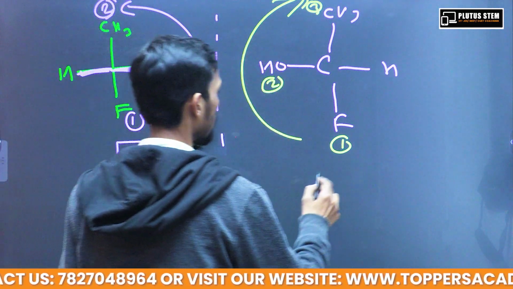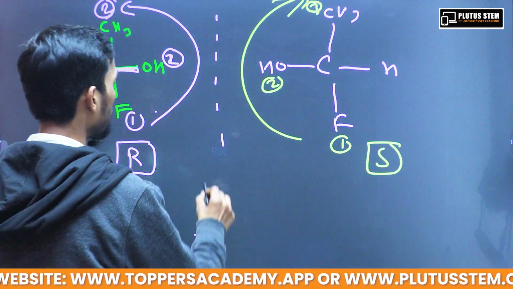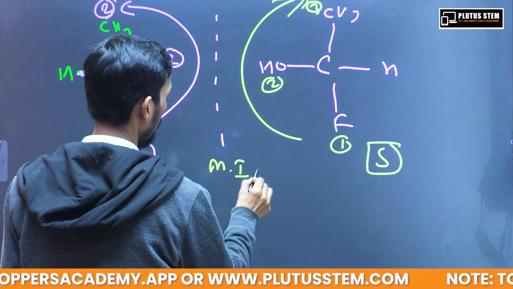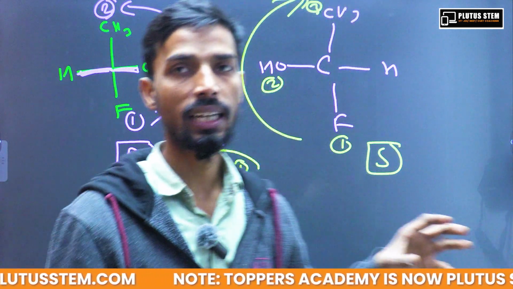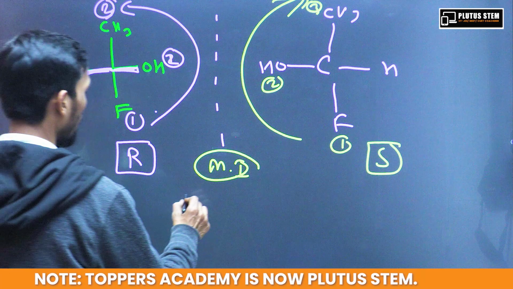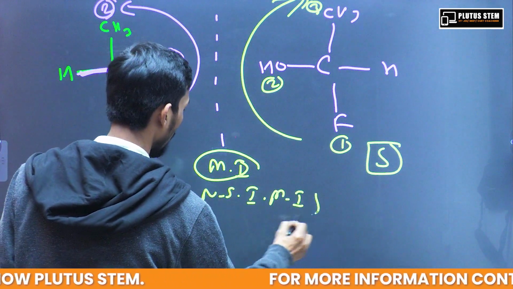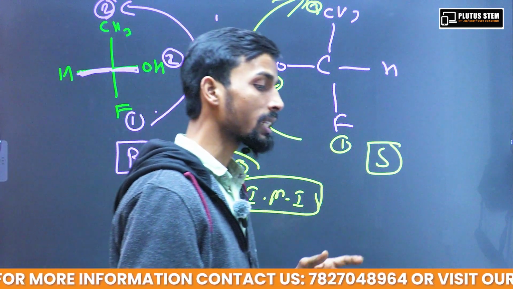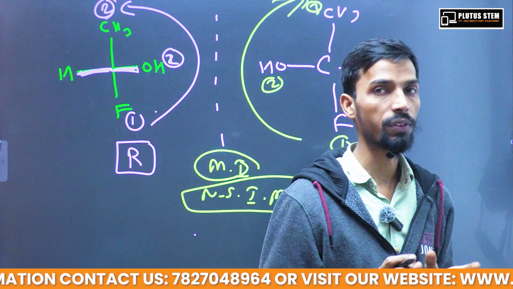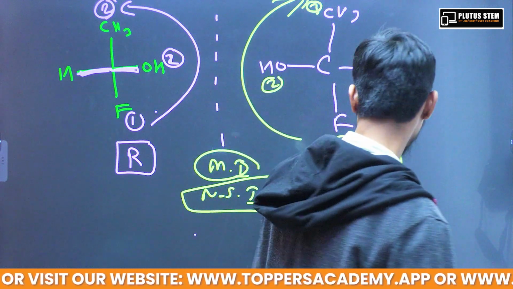So it is termed S. So we can say one is R, another is S, and both are mirror images. If these R and S nomenclatures are different, then the compounds are non-superimposable mirror images of each other. And any compounds that are non-superimposable mirror images of each other are termed enantiomers.